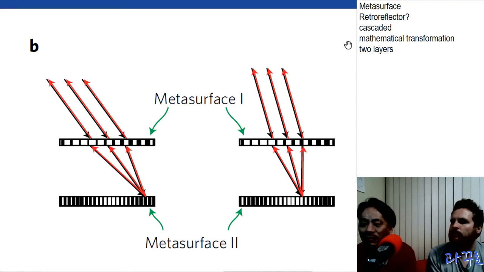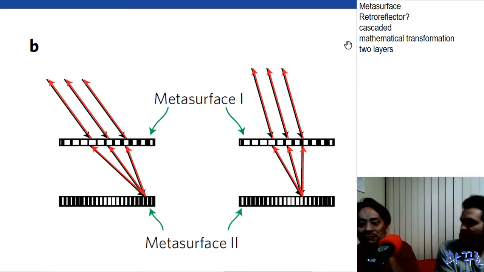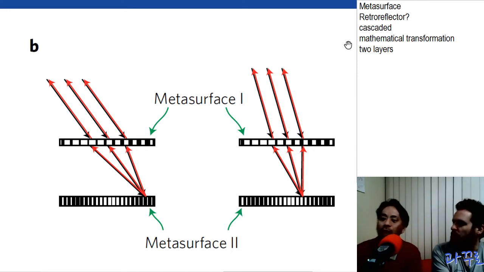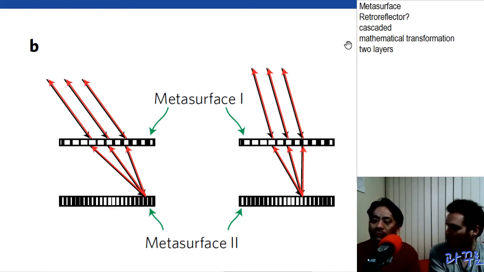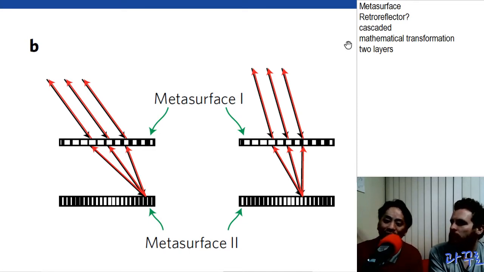But really, this diagram, as it stands here, actually suggests to me even more that there must be some distance to propagate between the two metasurfaces. Because otherwise you couldn't get the spatial translation on Metasurface 2 that they're implying here. But when they say the stack, I imagine they're still in one device.